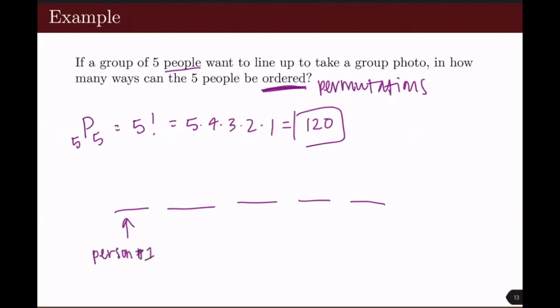Well, I haven't assigned anybody into a spot yet for this picture. I have 5 choices for who can be standing in this spot. So then how many choices do I have to pick for person number 2? Well, since I already have 1 person standing here in this first spot, that means I only have 4 left over to choose from.